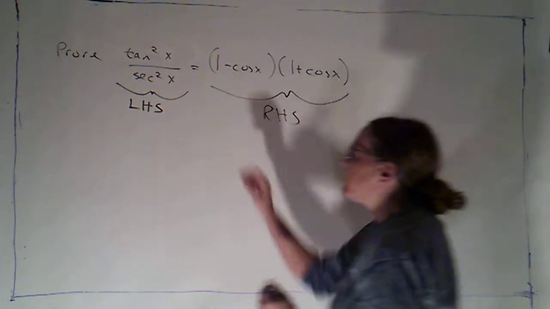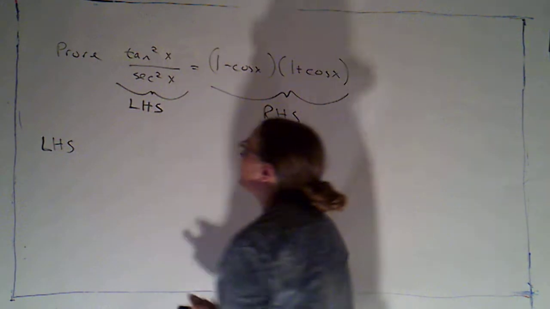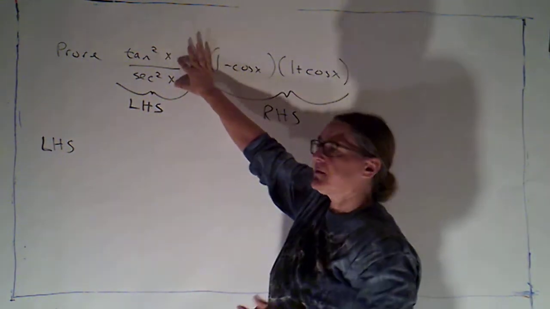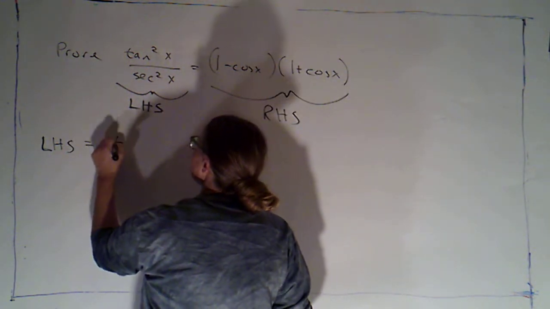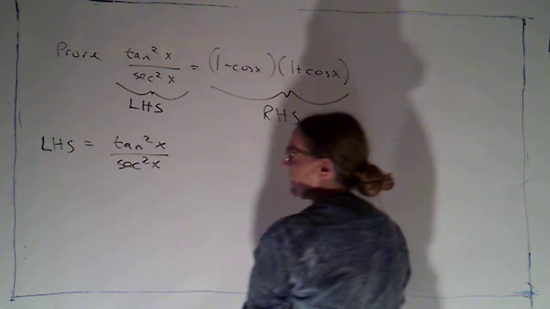Okay. So I'm going to just choose to work with the left-hand side first, although it doesn't matter. I could work with either one. And I'm going to try the same strategy that we used last time of writing everything in terms of sines and cosines. So the left-hand side was tangent squared x over secant squared x.